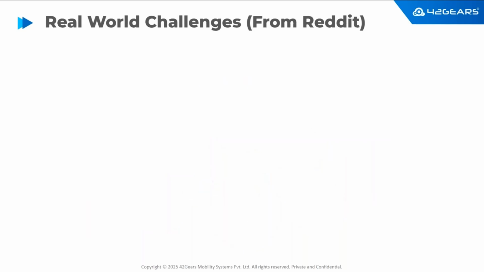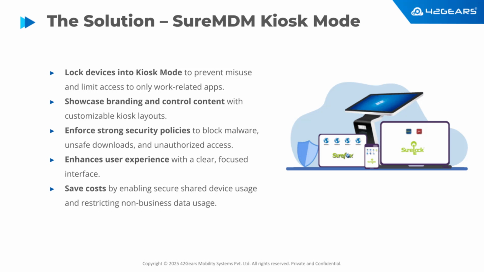So next comes how SureMDM actually helps solve them. The SureMDM solution can achieve this using three default tools, that is SureLock, SureFox, and SureVideo. And here is how those problems can be reduced using the kiosk solution.